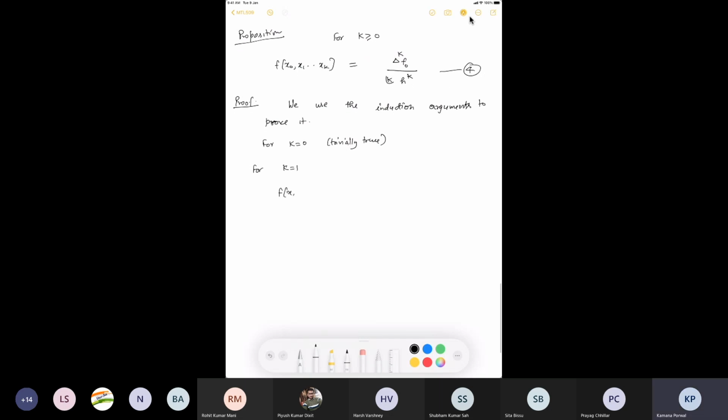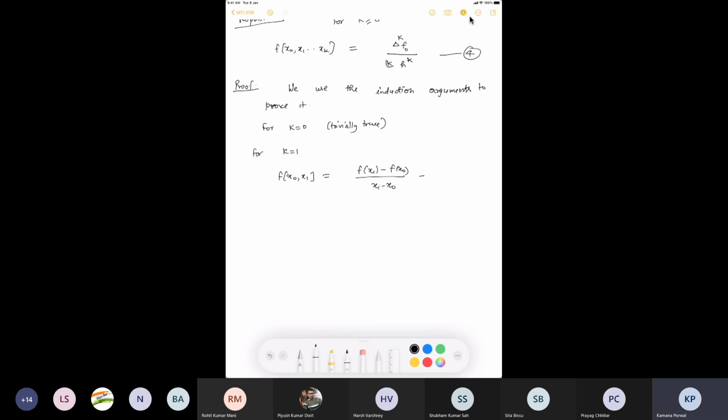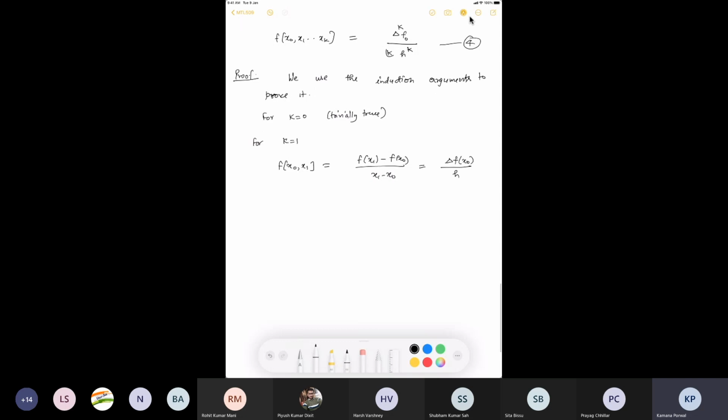Consider f[x_0, x_1]. I'm directly going to use its definition. This is f(x_1) minus f(x_0) divided by x_1 minus x_0. The numerator is nothing but the first forward difference of f at x_0, and since we have equally spaced points, x_1 minus x_0 is h. This means that we have obtained 4 for k equal to 1.